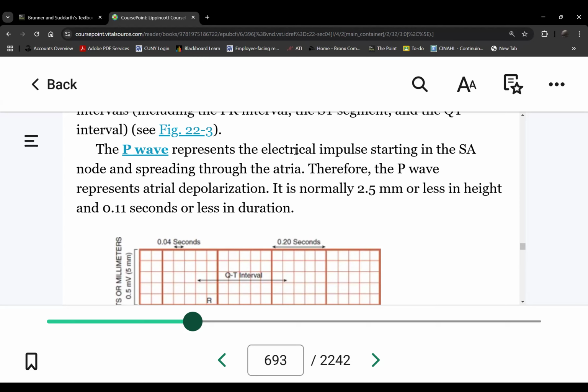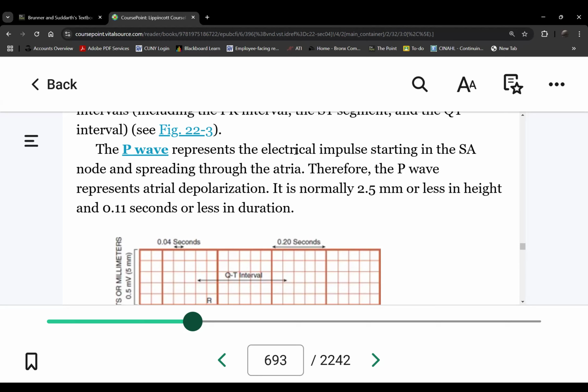So if there are no P waves, what two things did not happen? The SA node did not fire that impulse, and the atria did not really contract. They did something, but it wasn't a contraction. It wasn't a true contraction.